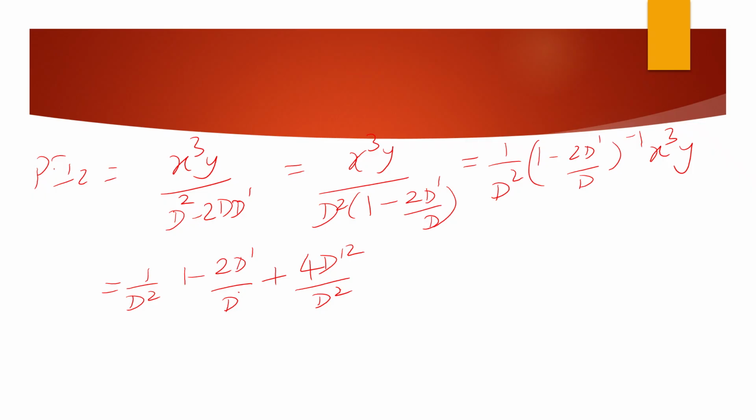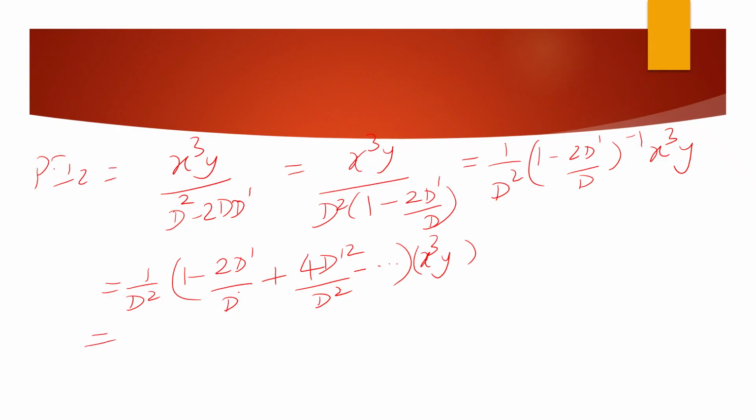Also for y it becomes 0 since the numerator is D dash. So it's enough to show only the first three terms in this series expansion.